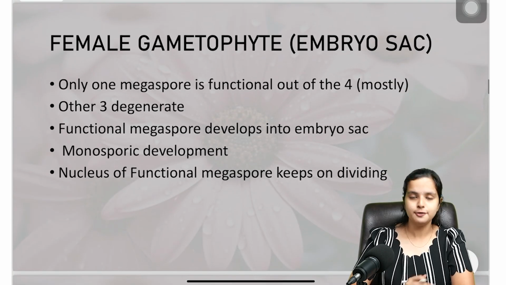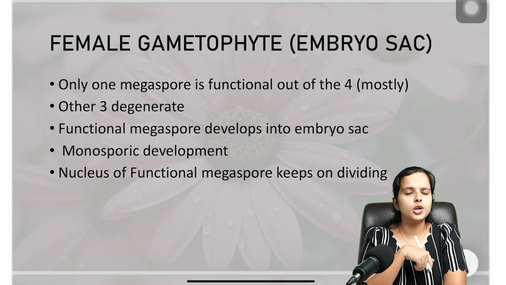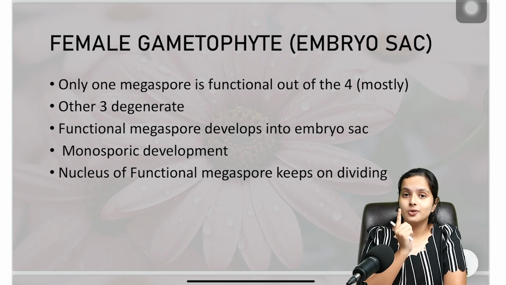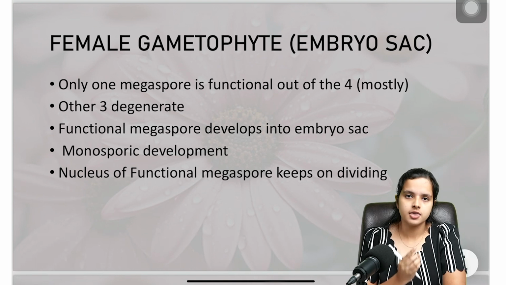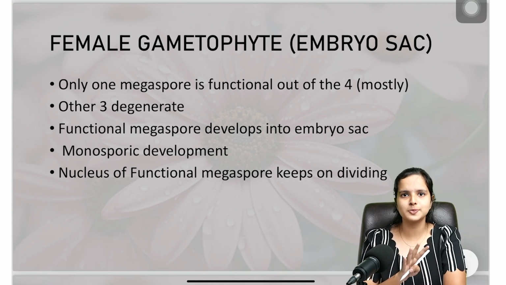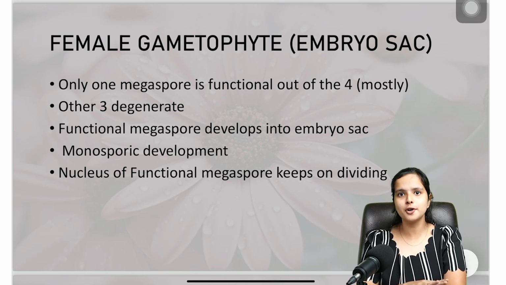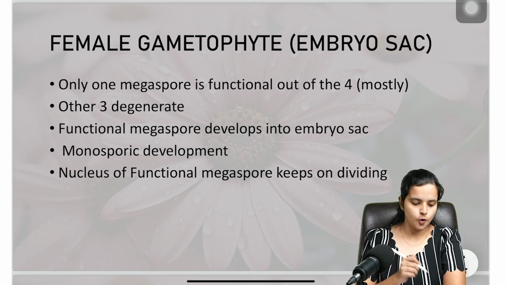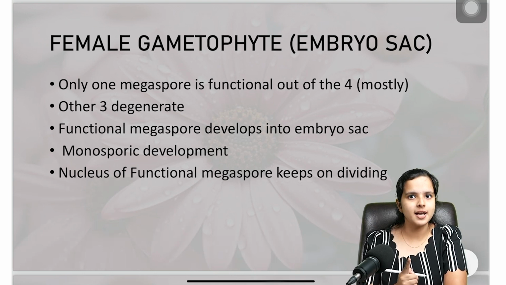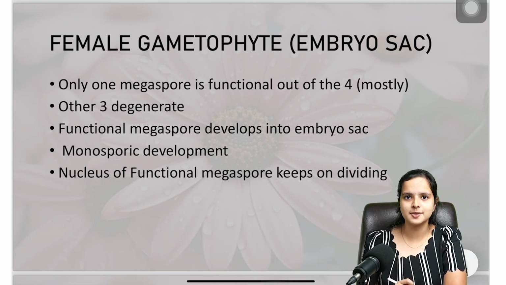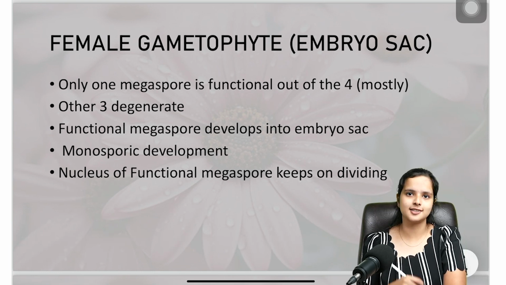Now, you have the female gametophyte. I've already told you that out of the 4 megaspores, only 1 megaspore is functional. What does that 1 megaspore develop into? In the microspores, all 4 of them were active, and they developed into pollen grains later on, the male gametophyte. Over here, only 1 megaspore is functional, hence only 1 female gametophyte is present, and that female gametophyte is called the embryo sac.